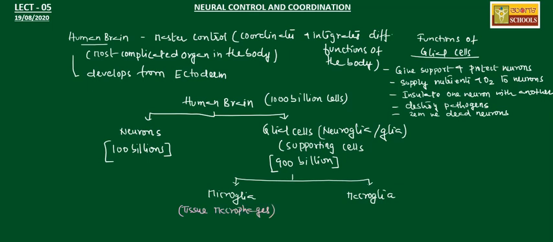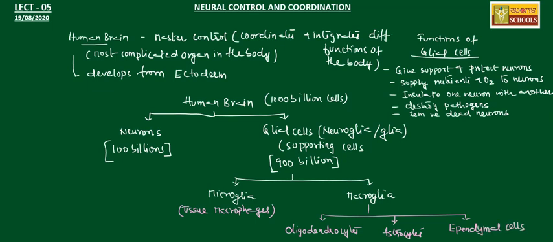And coming to the macroglia, it is of different types: oligodendrocytes, then astrocytes, and then ependymal cells. Okay, so we see the functions of these oligodendrocytes, astrocytes, and ependymal cells, which we see in the central nervous system.